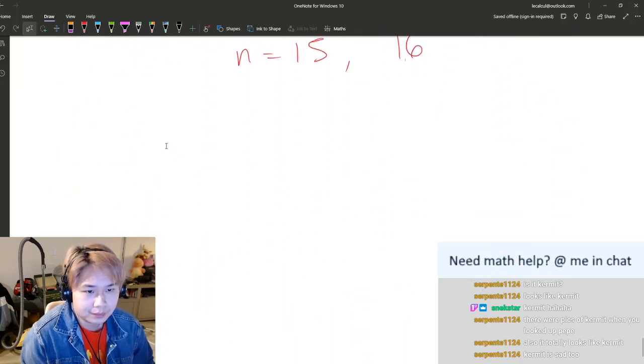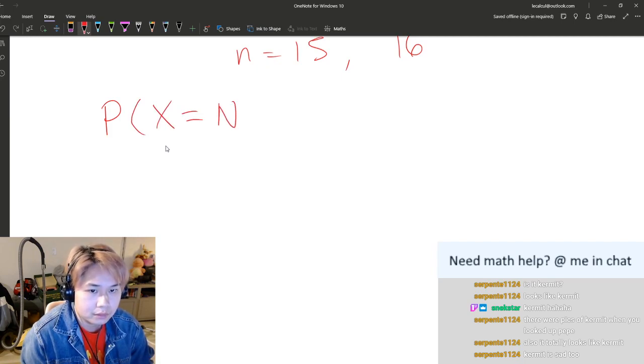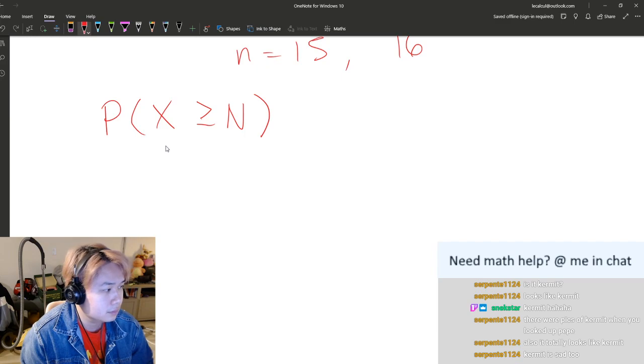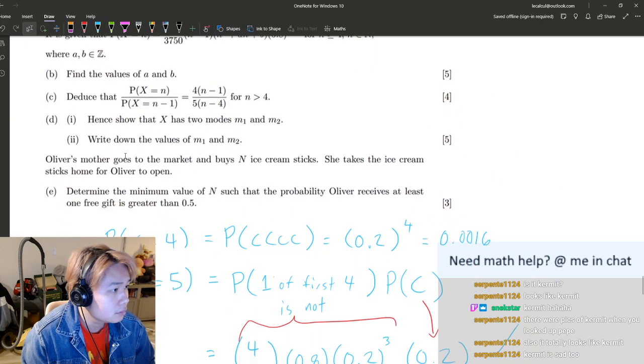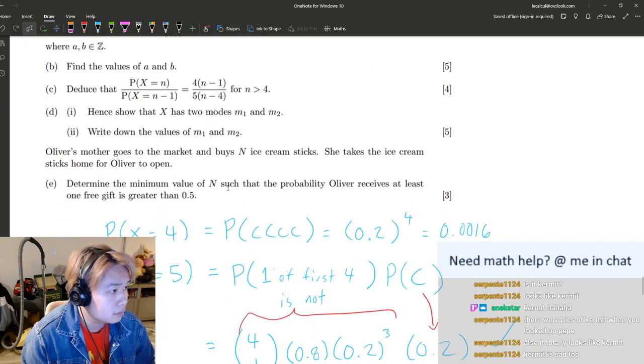Okay, so determine this minimum value of n such that the probability that he receives at least one free gift is greater than 0.5.